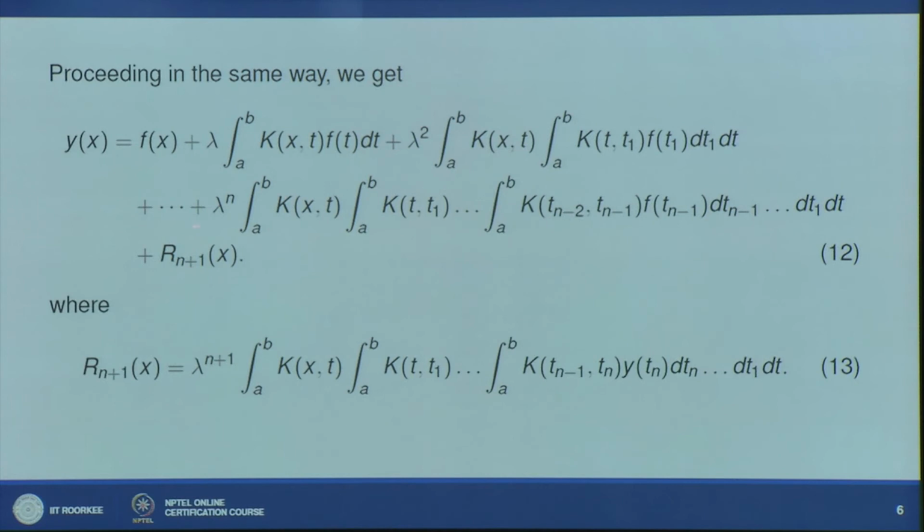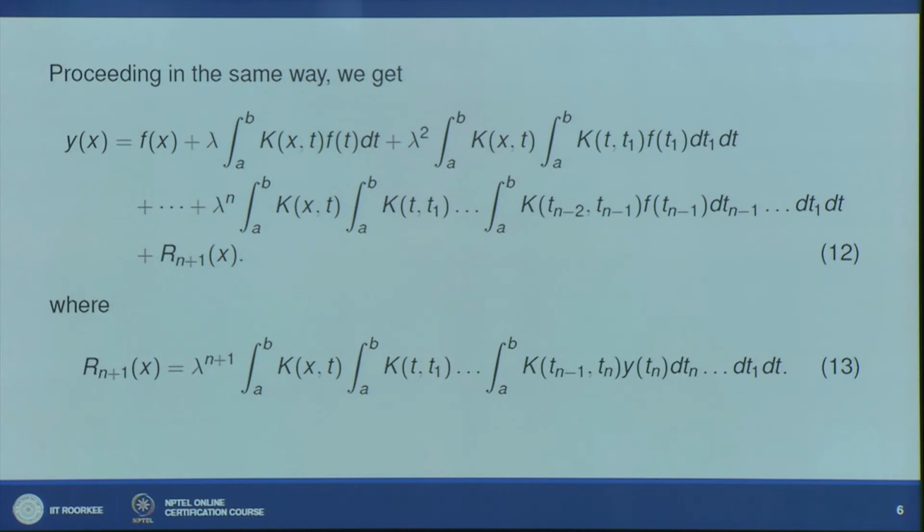Similarly, we have R(n+1) given by the (n+1)-fold integration with lambda to the power n+1, where the upper limit is simply replaced by x. So there is no change other than that b is replaced by the variable x.